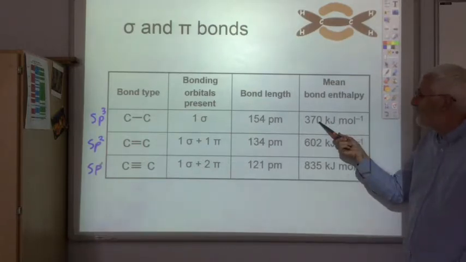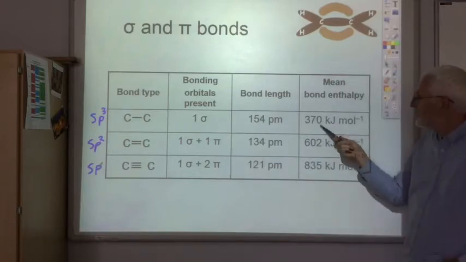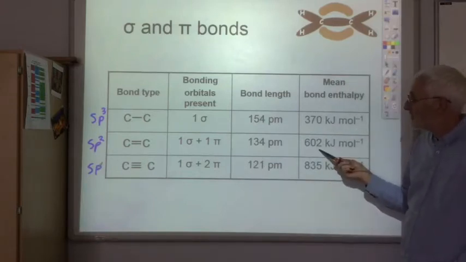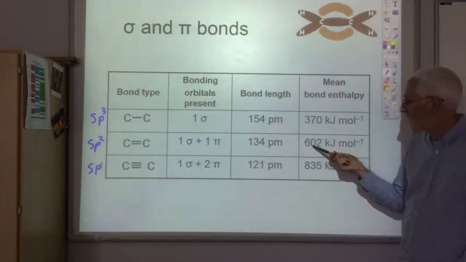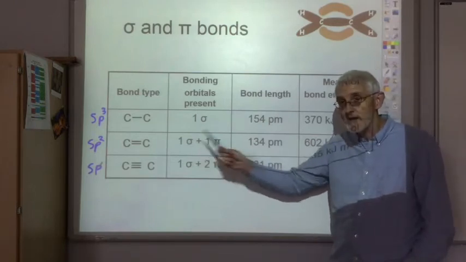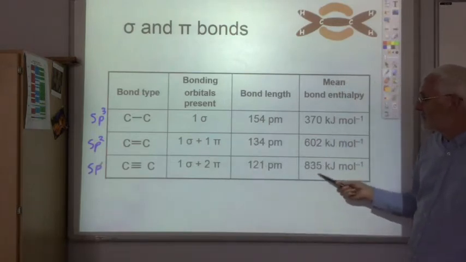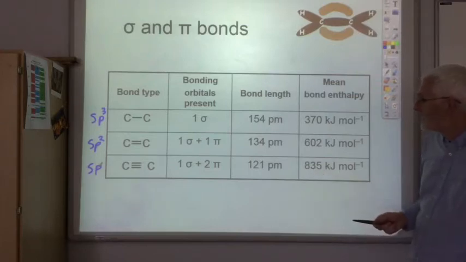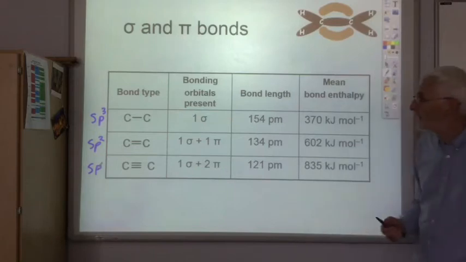So if both the sigma and the pi bond were equal strength, we'd expect the mean bond enthalpy for the carbon-carbon double bond to be 740. It's only 602, which shows that the pi bond is weaker than the sigma bond. And again, we see the same pattern with the alkyne. So the pi bond is not as strong as the sigma bond.